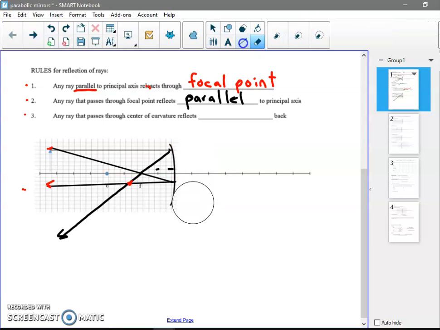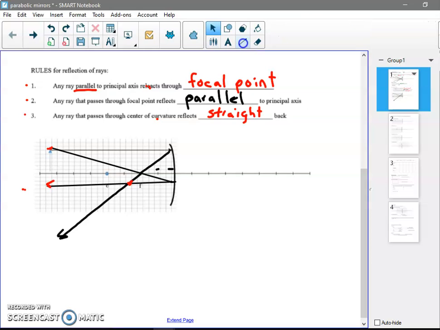But before we draw an image, I want to give you the third rule. The third rule is probably the simplest. Any ray that passes through the center of curvature reflects straight back. That really just follows from geometry. Anytime you draw a radius from the center, you are hitting the tangent perpendicular, right? Perpendicular at that point. That's a rule of geometry. So the incident ray is 0 degrees, so the reflected ray has to be 0 back.